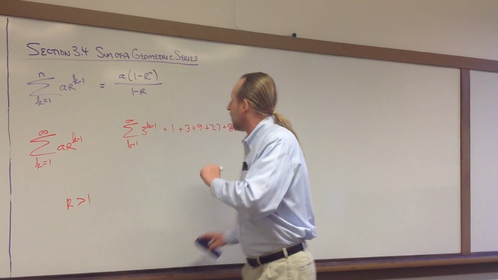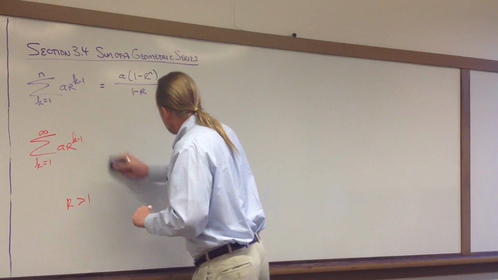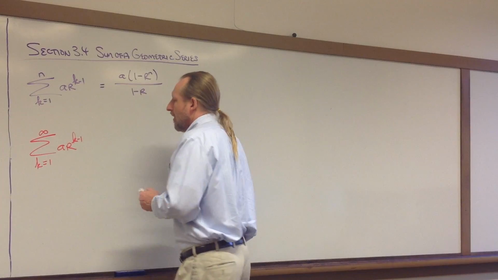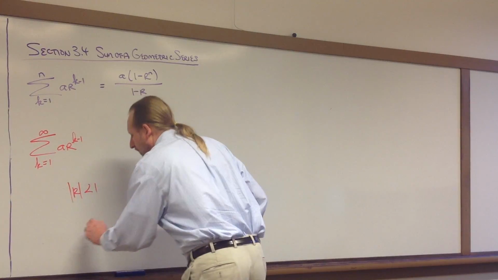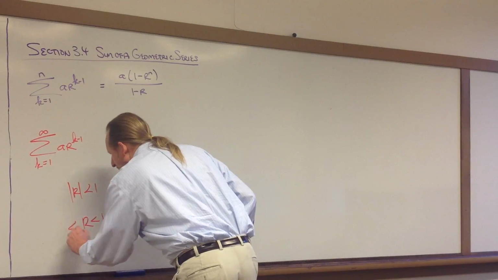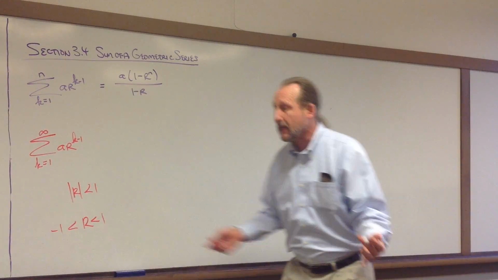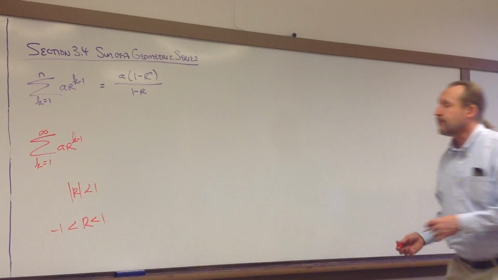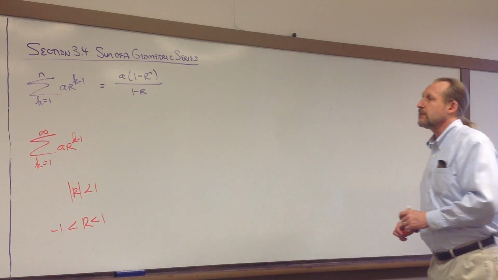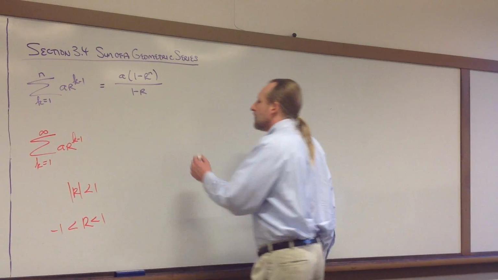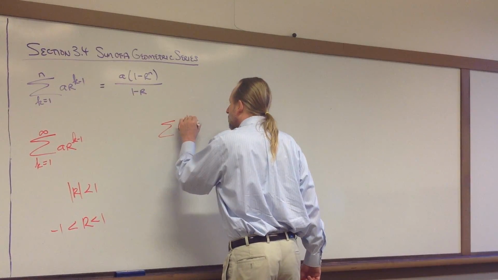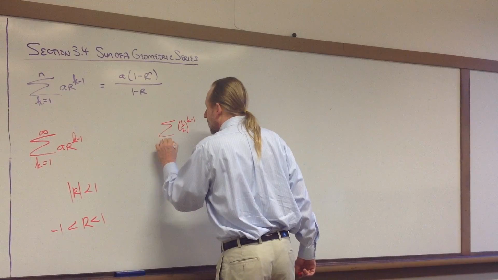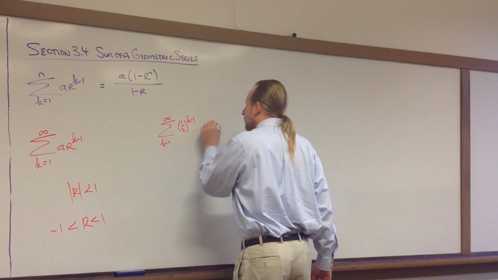But what if our r in absolute value is less than 1? That says that r is a positive or negative fraction that falls between negative 1 and positive 1. We've seen some of these before. Let's say we've got a half to the k minus 1 as k runs from 1 to infinity.